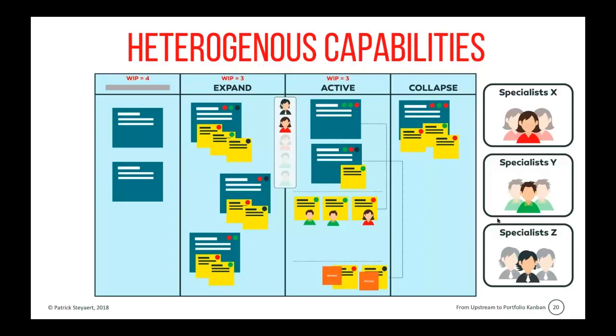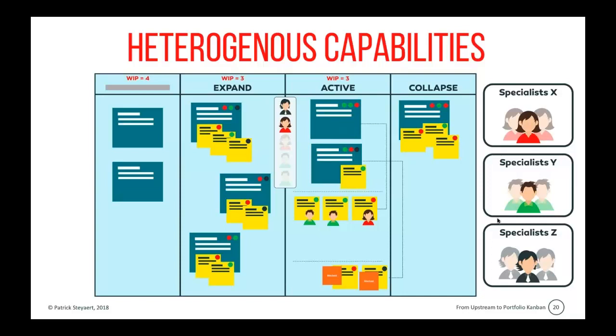And so if you look at the active column, the request there required two green competencies and one red competency, and since we had that capacity, we could actually start the request and everybody that was needed could work together on that request.